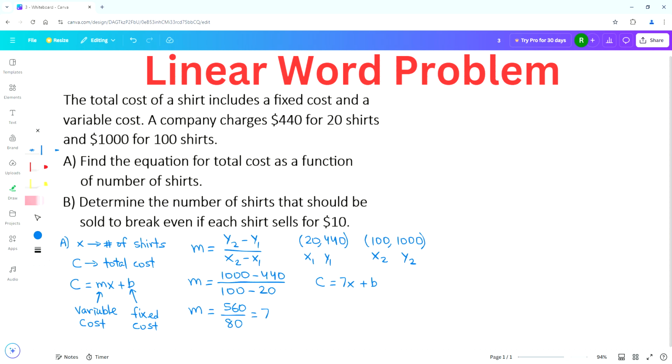Next, we have to find the value of b. For that, we have to use one of these two given points. We can use the first point (20, 440) because it has smaller numbers. We can sub in the C value as 440 and x as 20 and then solve for b.